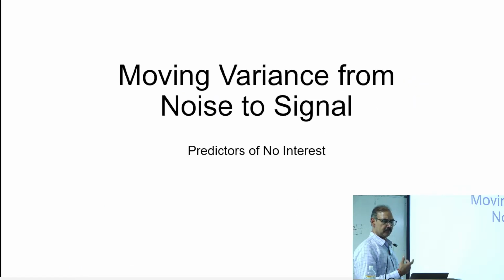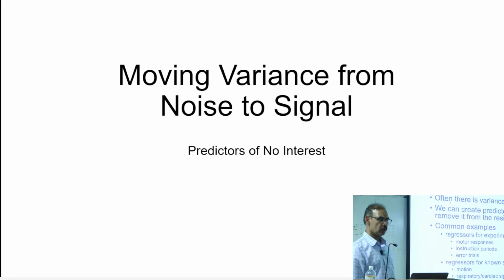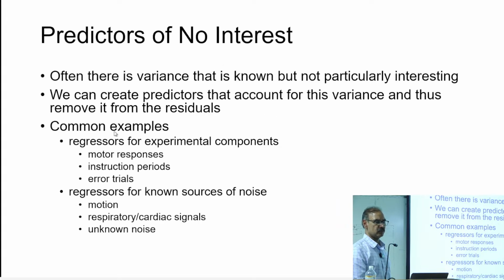So the other source is moving variance from noise to signal. For predictors of no interest, often there is variance that is known but not particularly interesting. We can create predictors that account for this variance and thus remove it from the residuals, just like the example I gave.